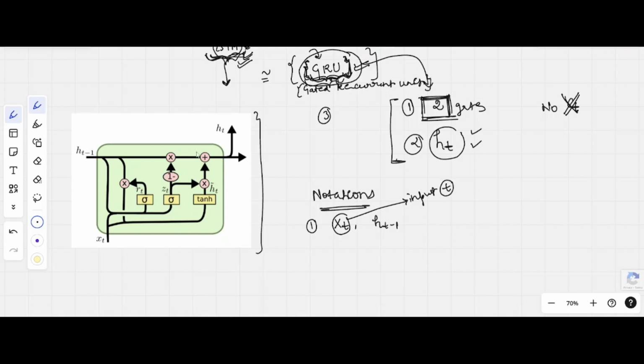Okay, and I think I don't need to tell you this, but for someone who hasn't watched the LSTM video, this will be a vector. For example, let's say you have a sentence "I love apples", and let's say you are at time step 3. Then this word apples will go as input, but not as a word, but as an embedded vector.